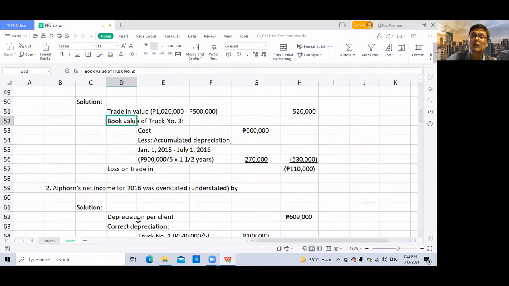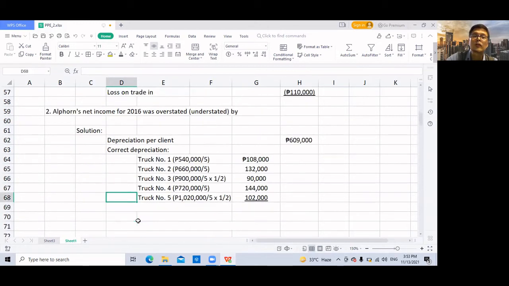Okay, which has a cost of 1,020,000. Of course, its depreciation is divided by 5 times 1/2. So we take the total of all of them. That would amount to 576,000.